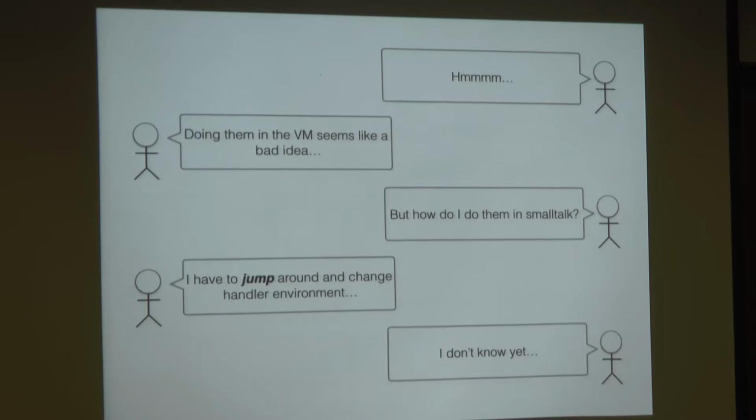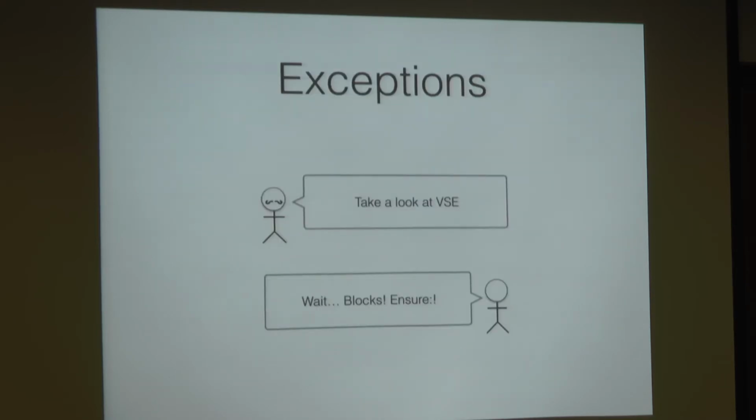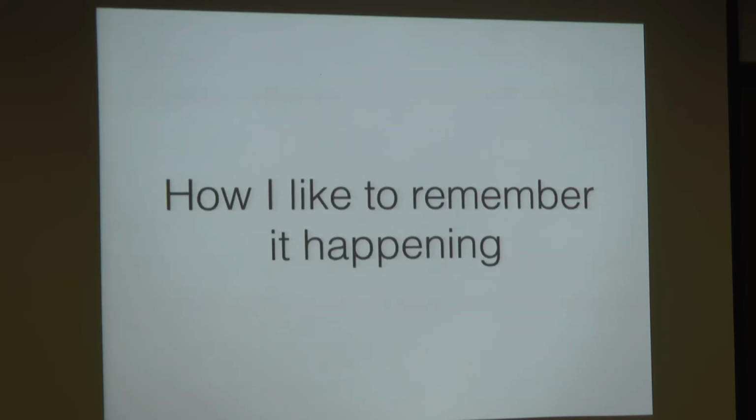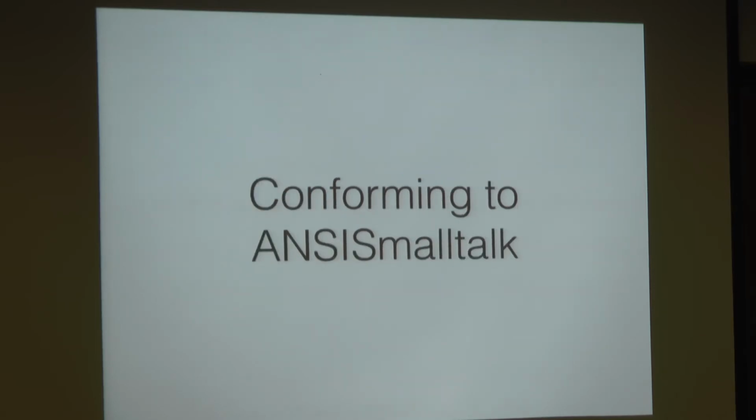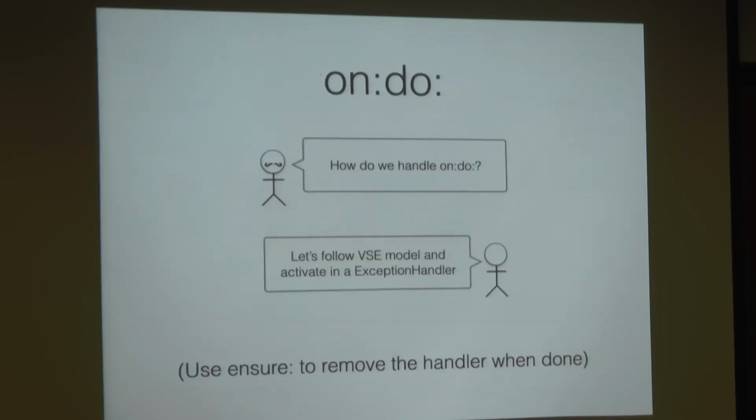And so after a day or two, John tells me, take a look at VSE. I had just implemented blocks and ensure and if curtailed, and it was like, oh, that's how we get those jumps. So this probably isn't exactly how it happened, but this is how I'd like to remember it happening. Trying to conform to ANSI Smalltalk, we can handle it just like VSE does.